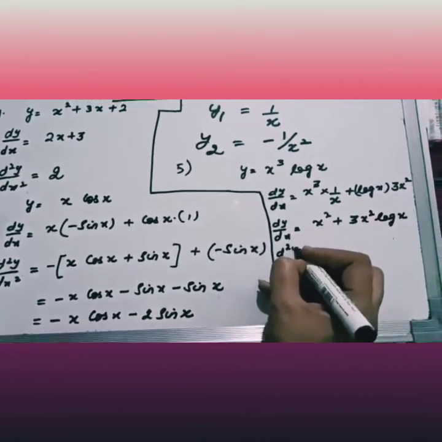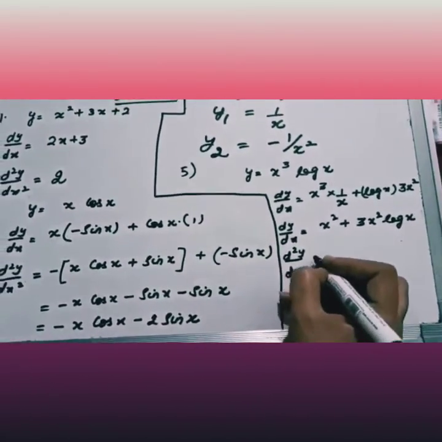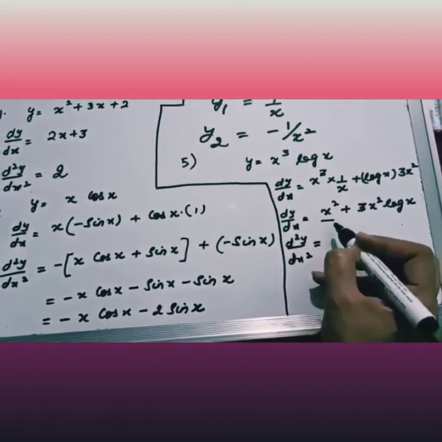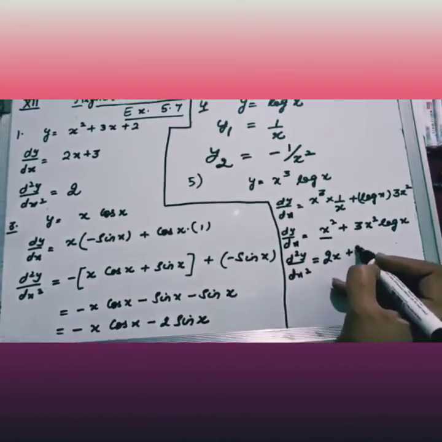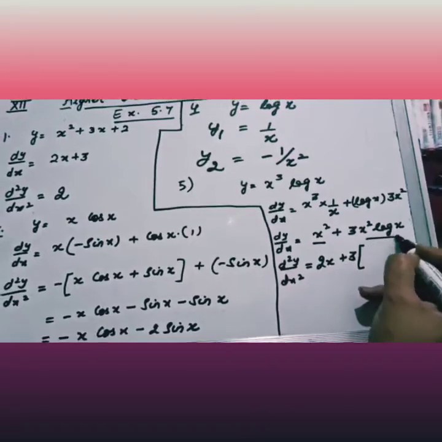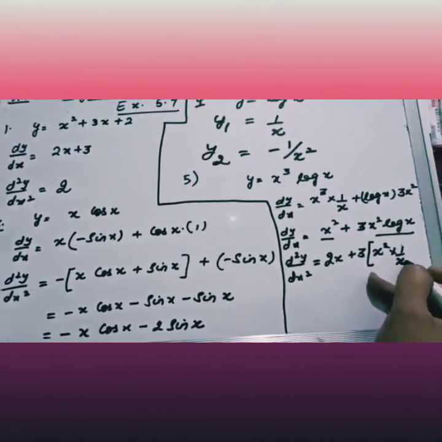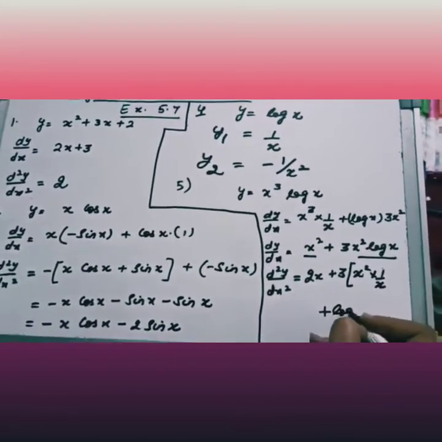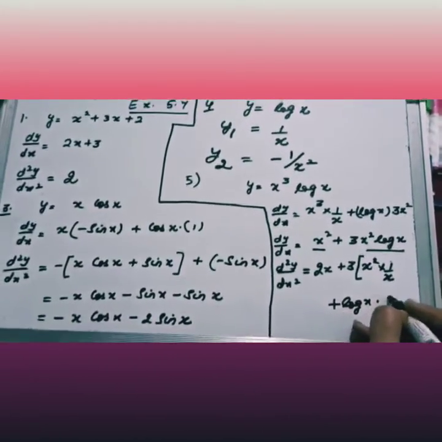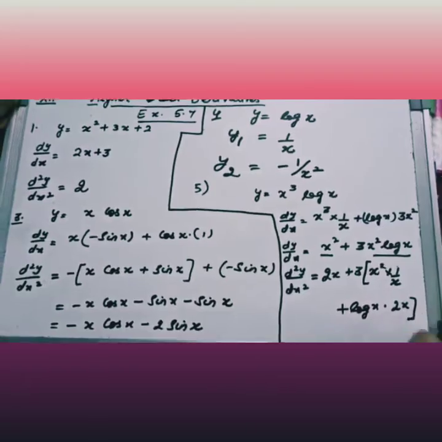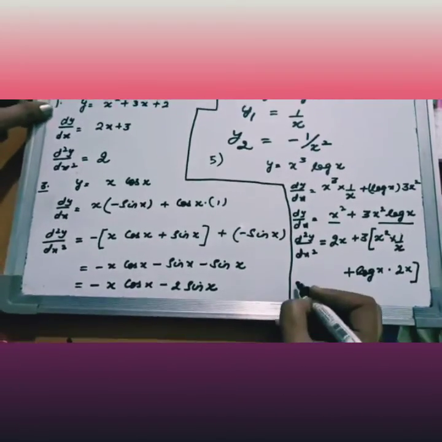Now again differentiate it a second time, d2y by dx square. So derivative of x square is 2x, 3 as it is, apply product rule, x square as it is, log x derivative 1 by x, plus log x as it is, derivative of x square is 2x. Now you can simplify this result.